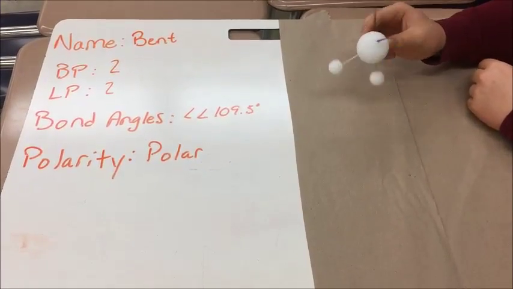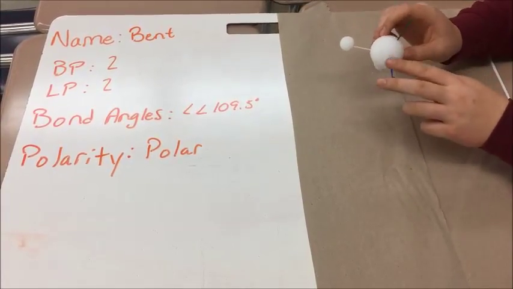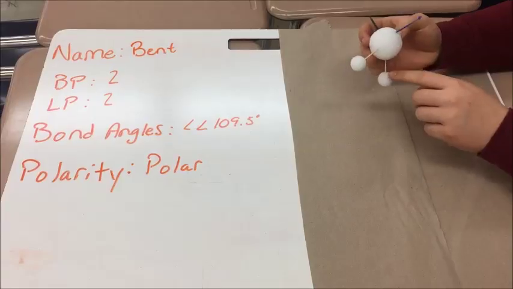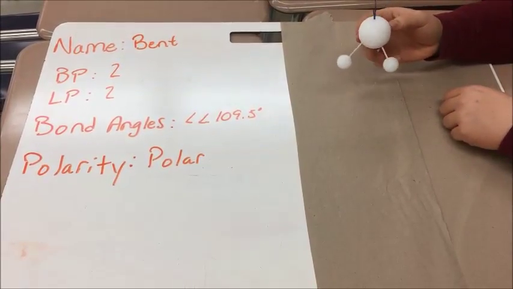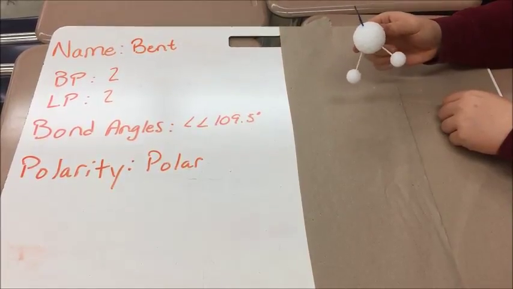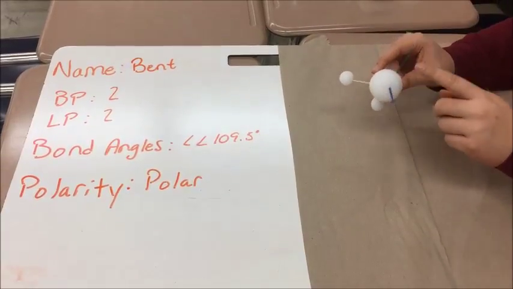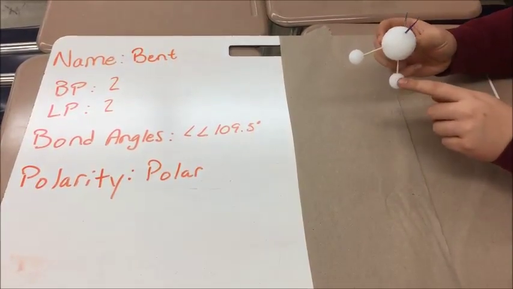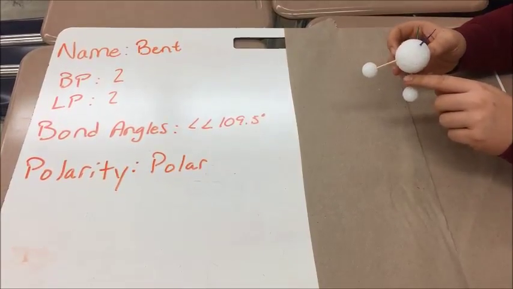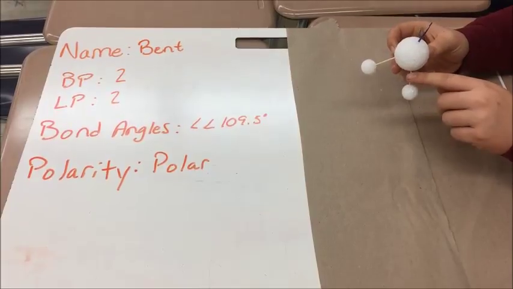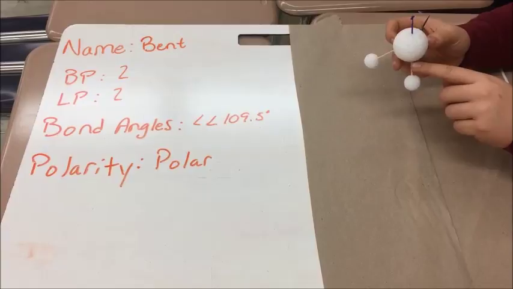This is bent because there are 2 bonded pairs and 2 non-bonded pairs, and it forms a bent shape, like that. The bond angles are less than 109.5 because these repel more than what these bonds would, so it would be less than what it would normally be.